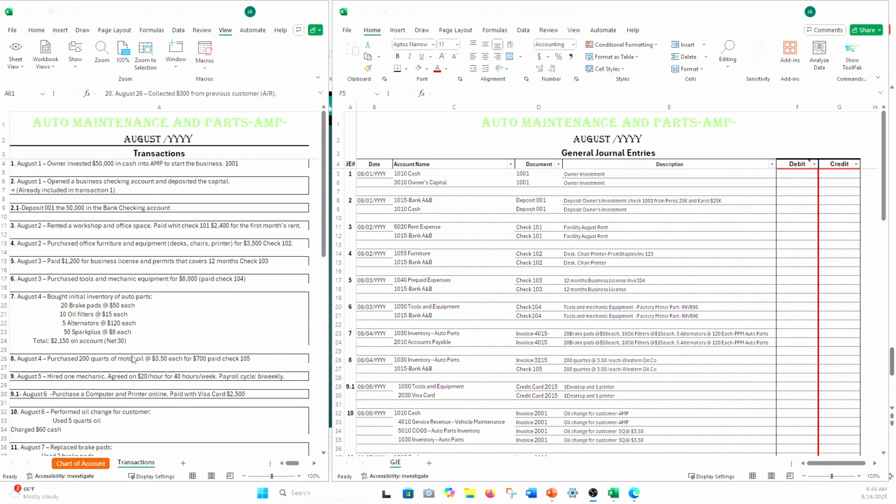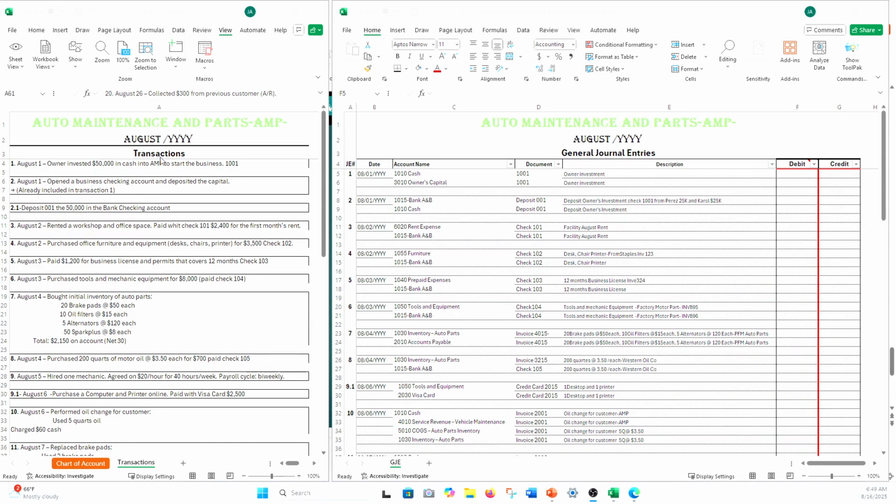Okay, here we are with Excel. This sheet represents the transactions for one month for auto maintenance and parts. As I said, each transaction usually comes from a source document. The source document is a physical or electronic document.